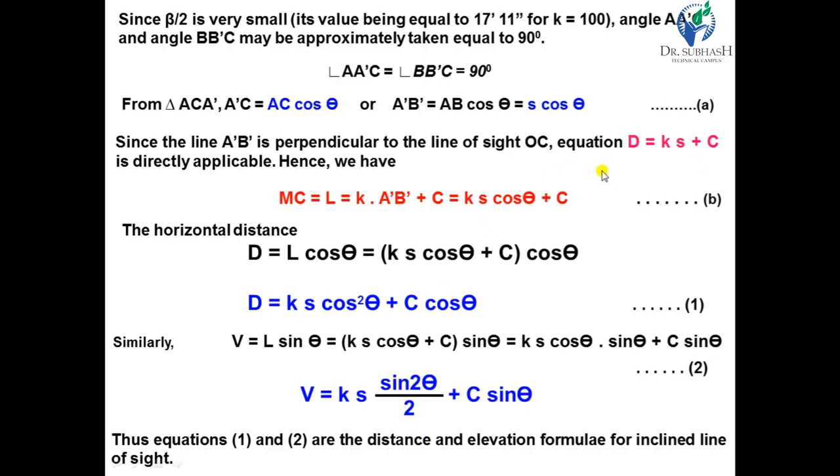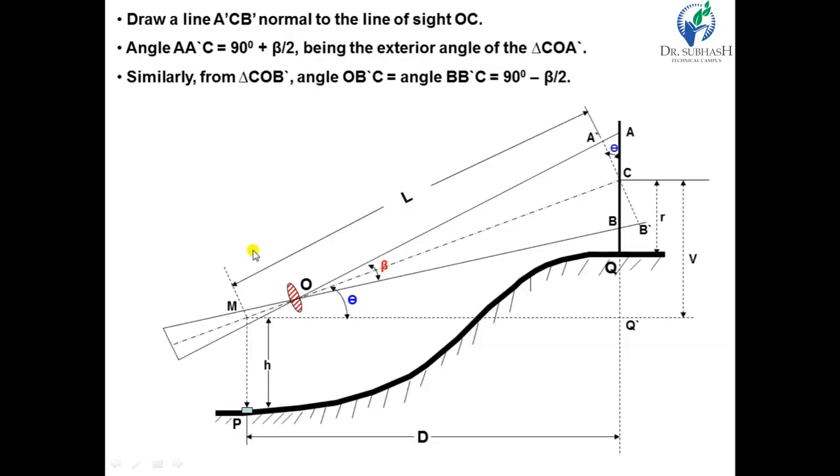So MC is equal to L. L is equal to K A dash B dash plus C, which is equal to KS cos theta plus C. For the horizontal distance, D is equal to L cos theta. Now, what is the value of D? The angle is theta and that value is L. So, D is equal to L cos theta.